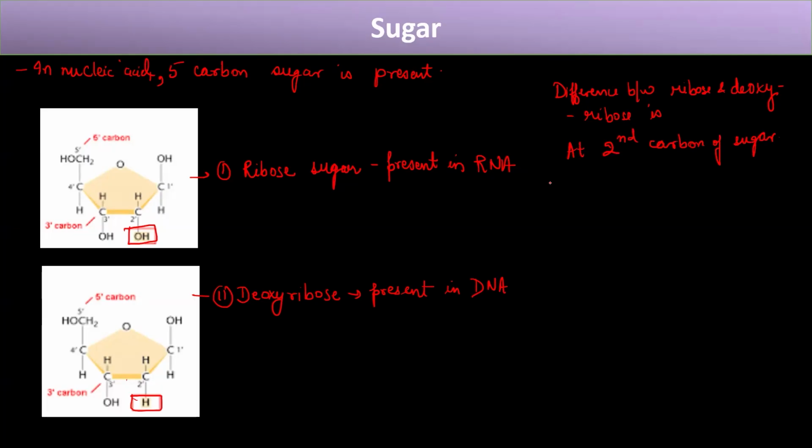In the case of ribose, we have OH at the second carbon, right? And in the case of deoxyribose, we have H at the 2' carbon of the sugar, right? So this is the difference between the deoxyribose and ribose sugar: ribose is present in the RNA, while the deoxyribose is present in the DNA.